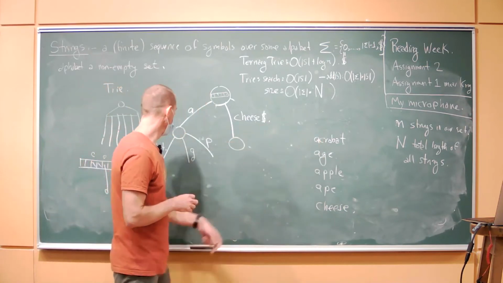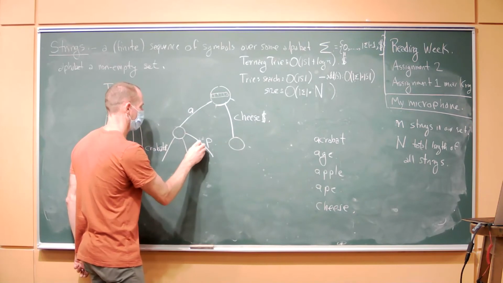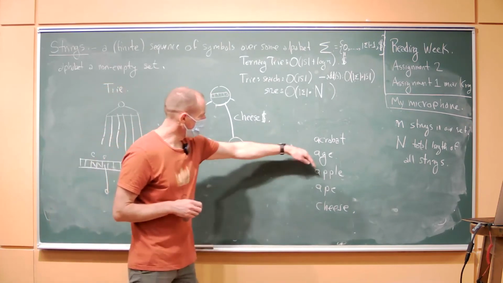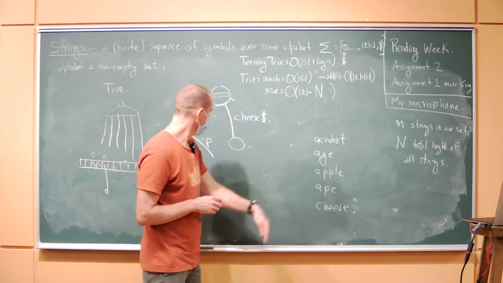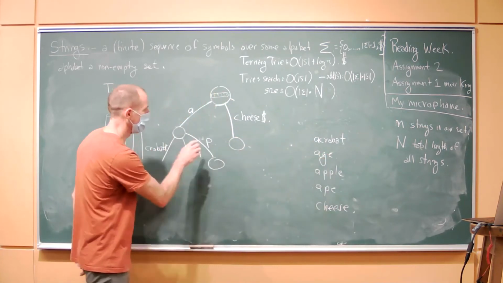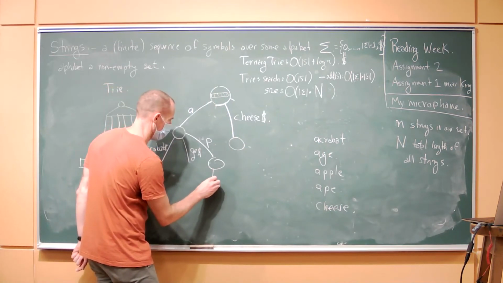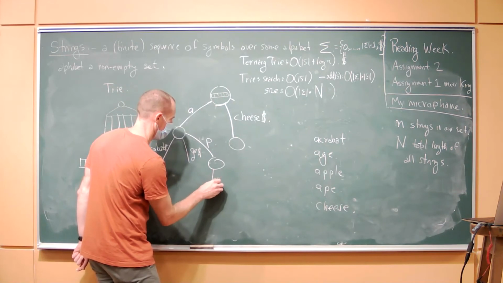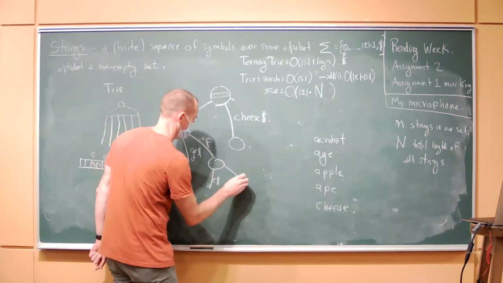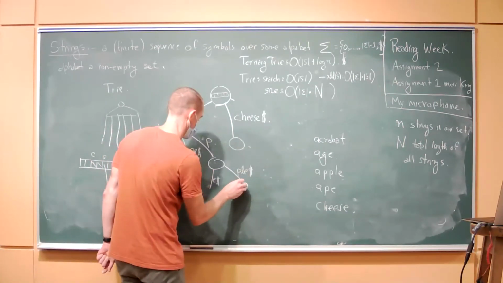Same thing with the G. And then for the P, we have two of them and they differ immediately, so we're not going to get away with any more than that. But then it finishes with E dollar and P L E dollar.